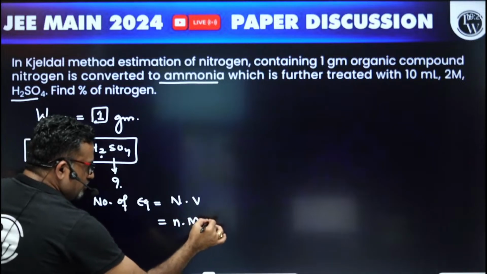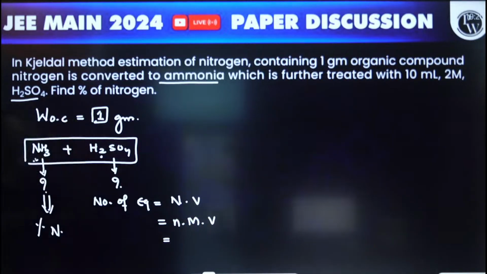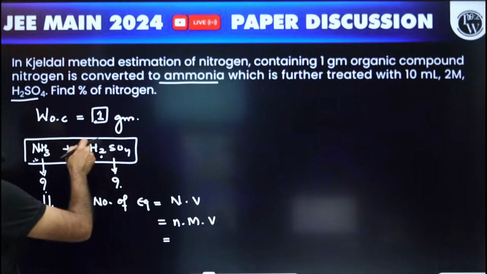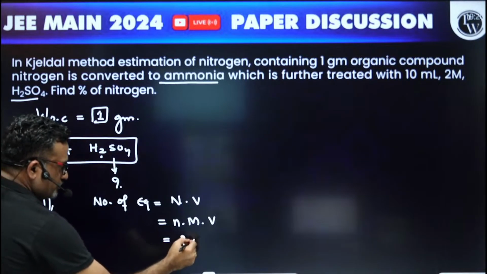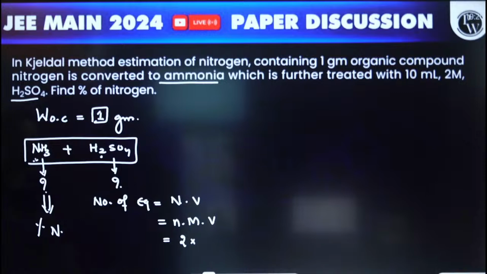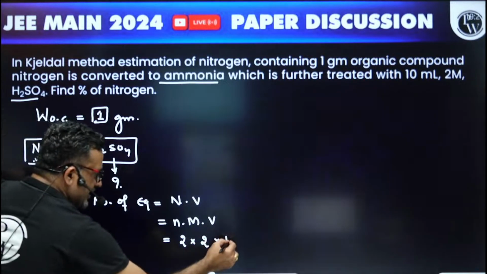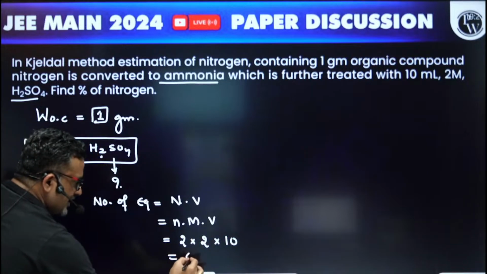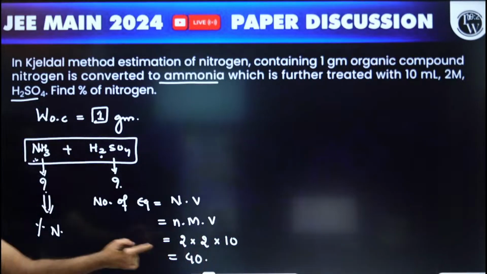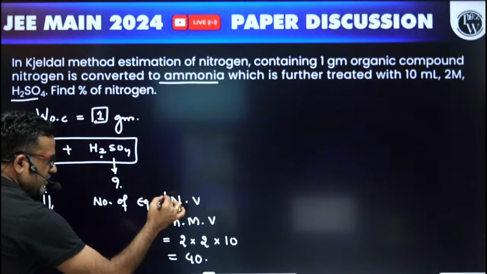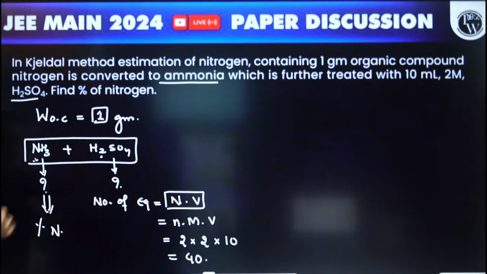Normality into volume. What is the n factor for sulfuric acid? 2. What is the molarity of the sulfuric acid? 2. What is the volume given? 10. So 10 into 2 into 2, that becomes 40. So 40 is the number of equivalents, or N into V of sulfuric acid.